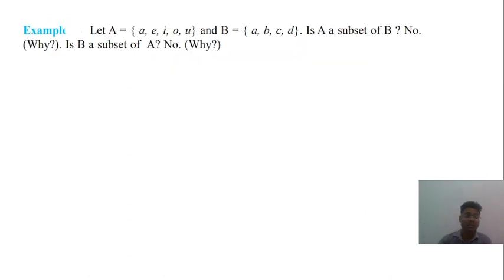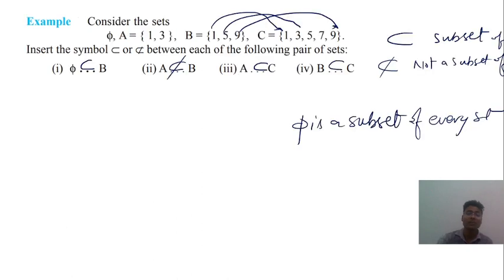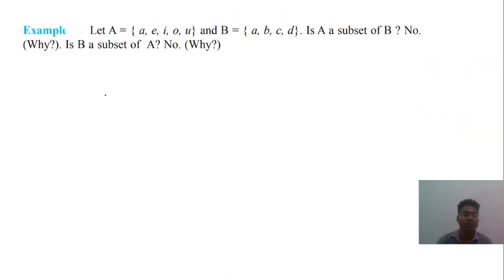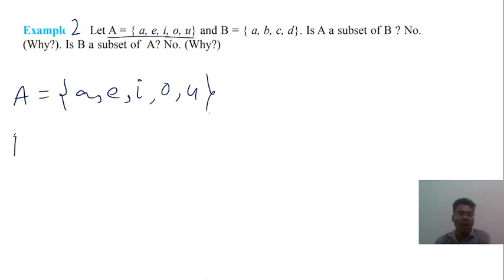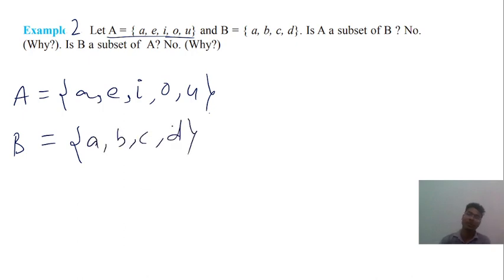Coming to our next example, this is example number 1. Coming to the second example, A is the set of all vowels: A, E, I, O, U. B is the set A, B, C, D. They are asking, is A a subset of B?